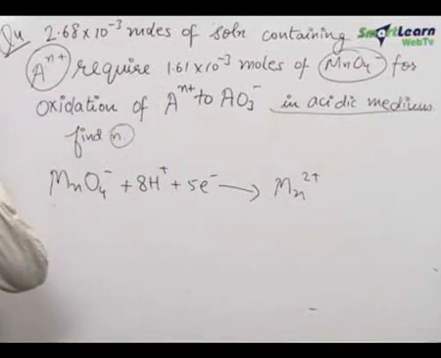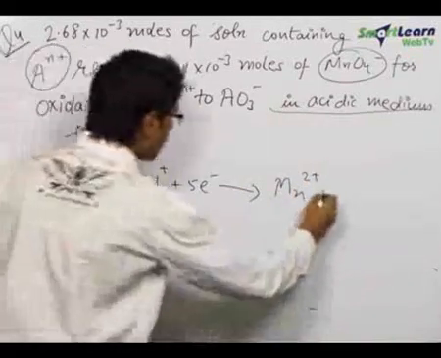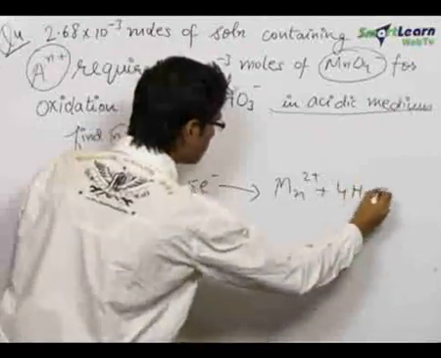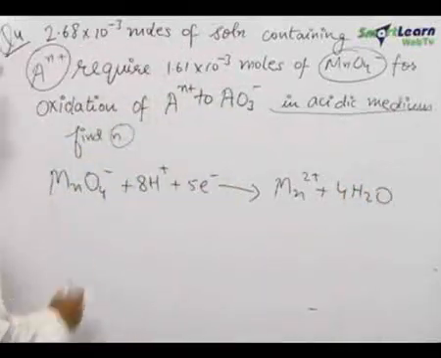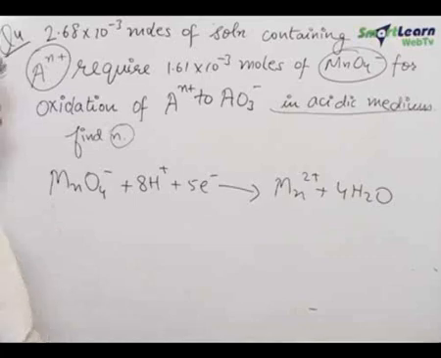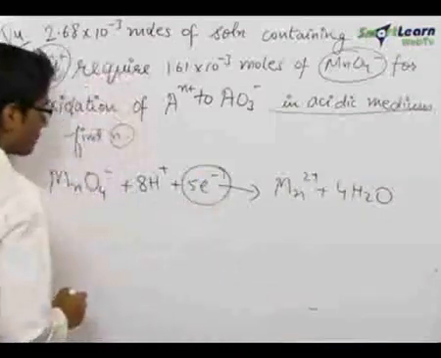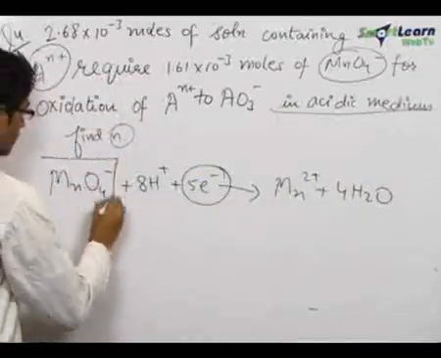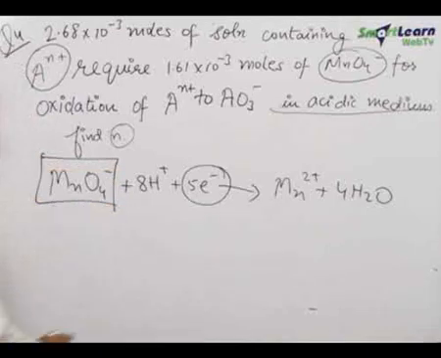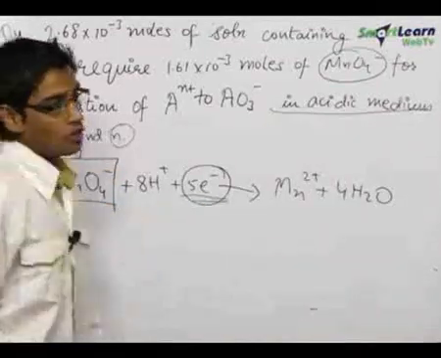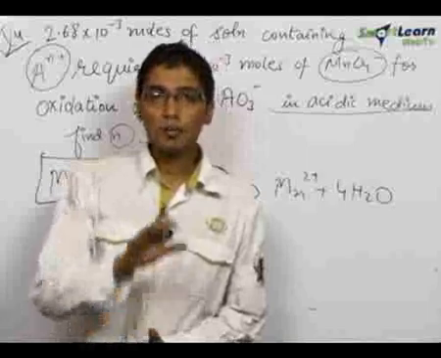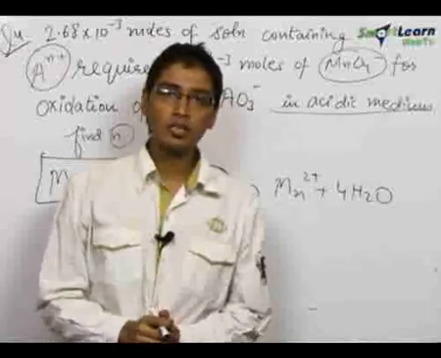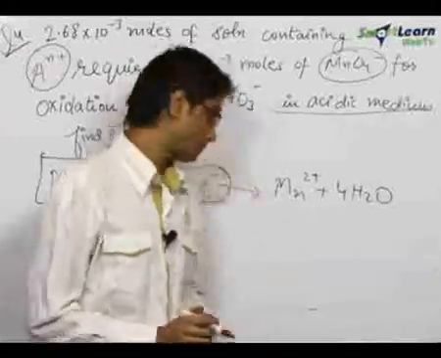For balancing the 8H^+, we can also write 4H2O. Now the number of electrons transferred during this reaction is 5, so the n factor for MnO4^- is 5. By n factor we mean the number of electrons getting transferred during the given reaction.